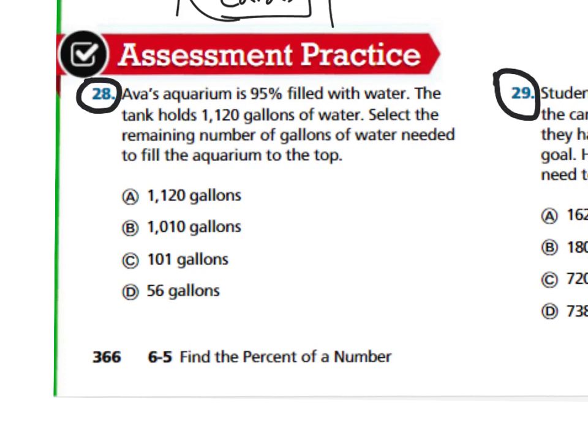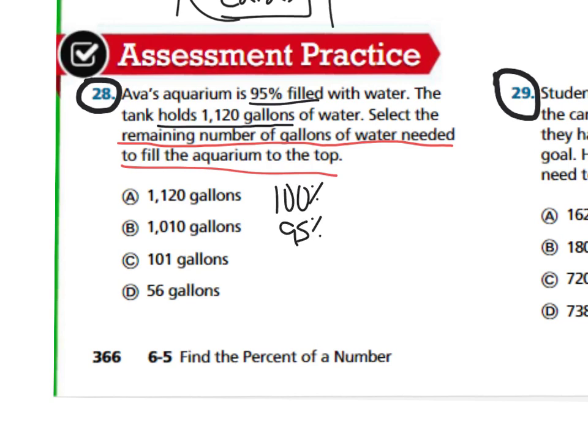Number 28, the aquarium is 95% filled with water, and it holds 1,120 gallons. And they're doing a lot of these here. They want us to select the remaining number of gallons of water needed to fill the aquarium to the top. So if it's 95% full, that means 5% is not full.